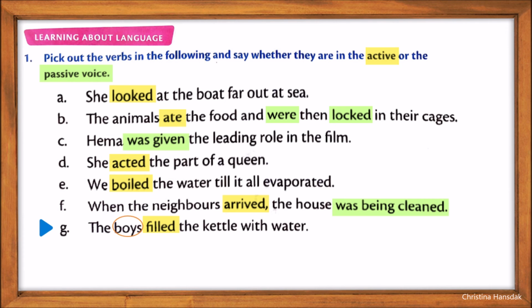That is, they are filling the kettle with water. Who? The boys. And the boys is our subject. What are they doing? They are filling the kettle with water. Isn't it? So students, the verb filled belongs to the active voice. Okay? Thank you.